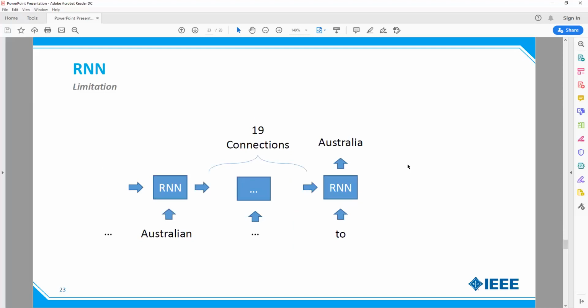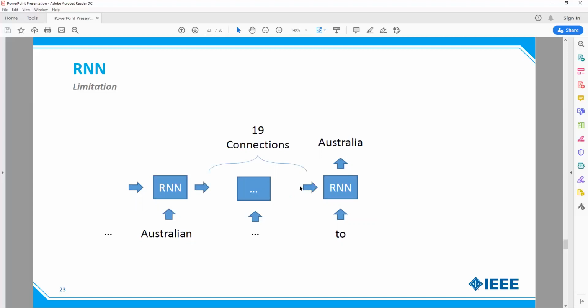So now, the reason why that chain rule is important in the realm of RNN: if we were to look at our example again, we know that the output Australia is highly dependent on the input Australian, which occurred 19 connections prior to it.